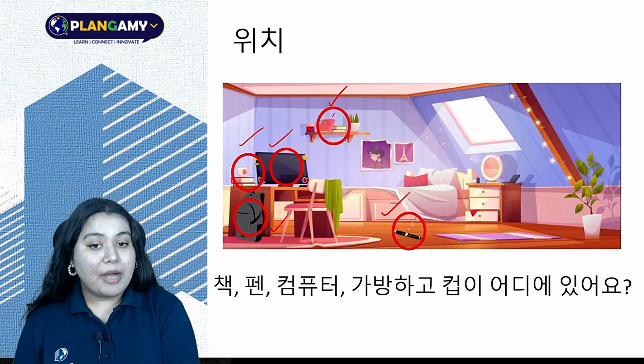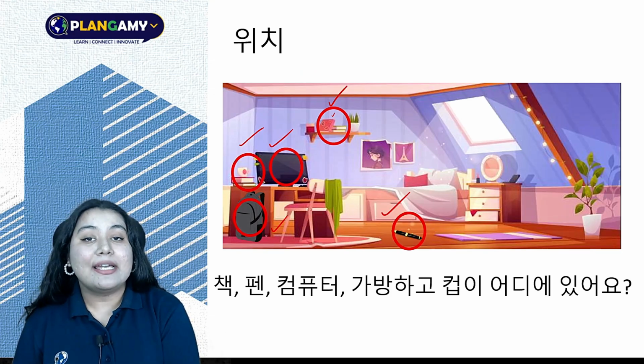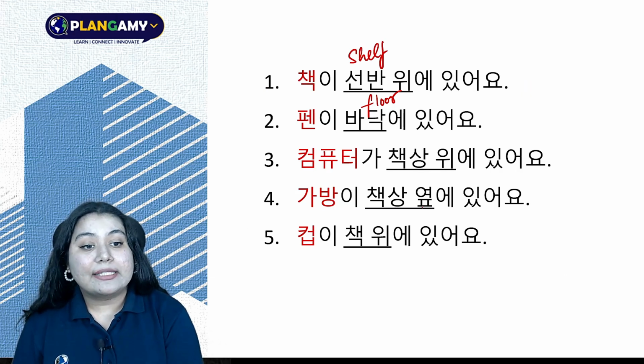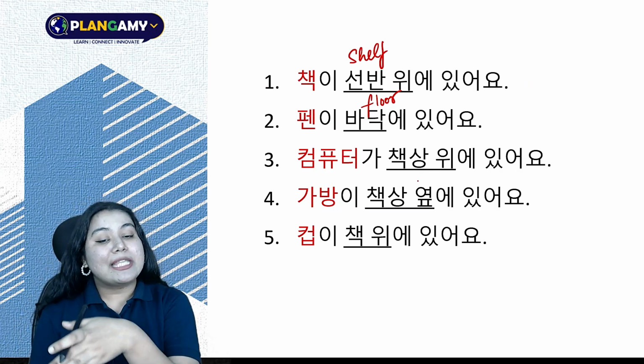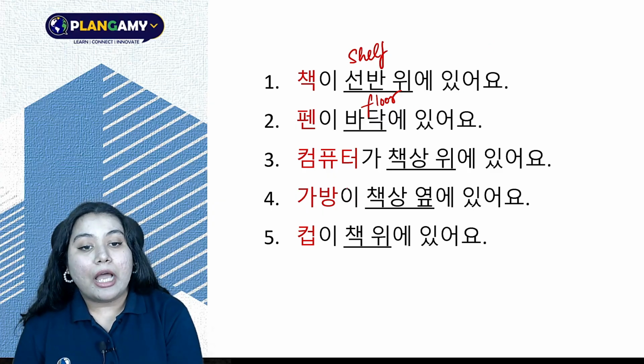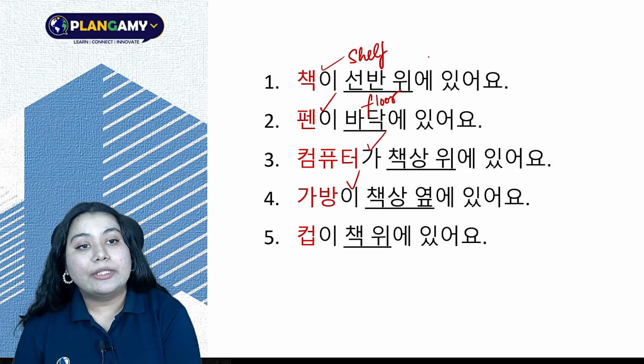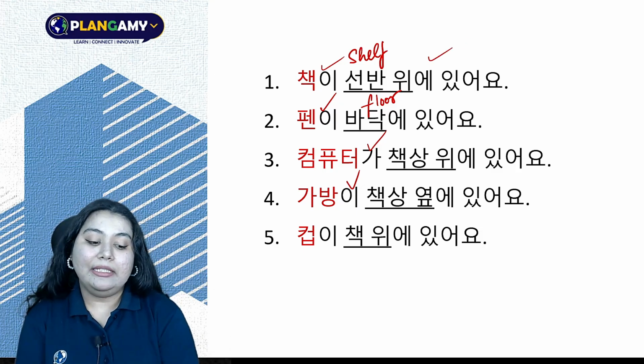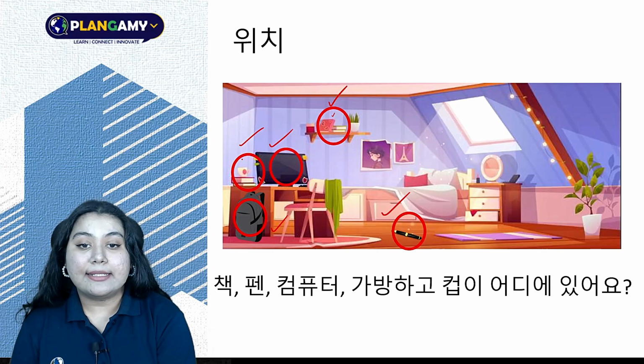Right. 가방 is beside the desk. Right? So 가방이 책상 옆에 있어요. Beside the desk. 이 and 가 are subject markers. 있어요, 없어요 are location markers. Right. And lastly, we have our cup. Here is our cup.